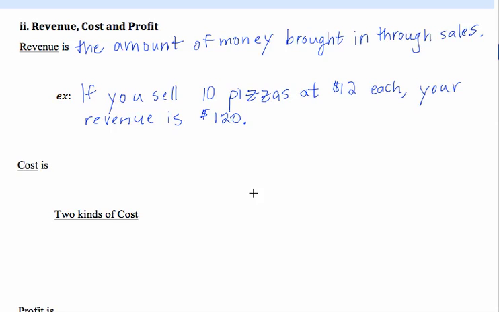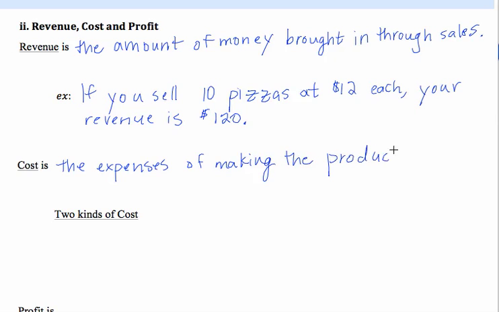But then you have to say, well, how much did it cost me to make those 10 pizzas? You're the owner of the pizza place. So cost is your expenses, the expenses of making the product. There are typically two types of costs that you would think about. There are fixed costs, and you can read in more detail about this in your book.